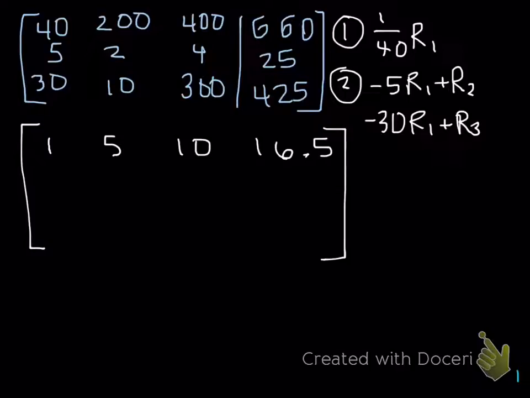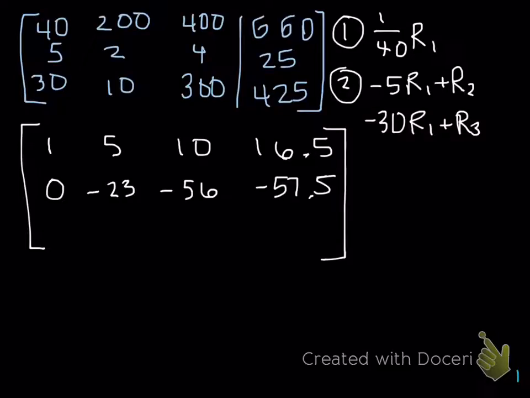So once you get that 1, we need to get the zeros. So -5 times 1 is -5 plus 5 is 0. -5 times 5 is -25 plus 2 is -23. -5 times 10 is -50 plus 4 is -46. And -5 times 16.5 is -82.5, and then I have to add 57.5.